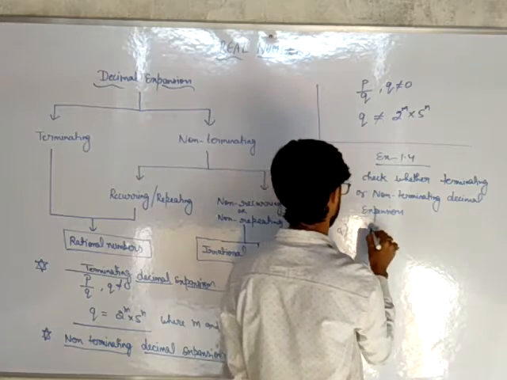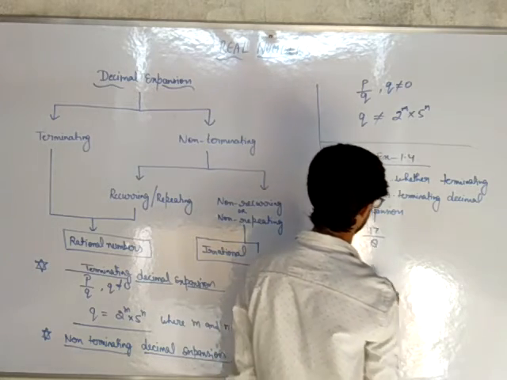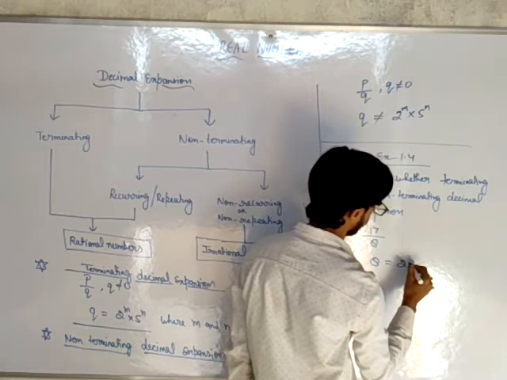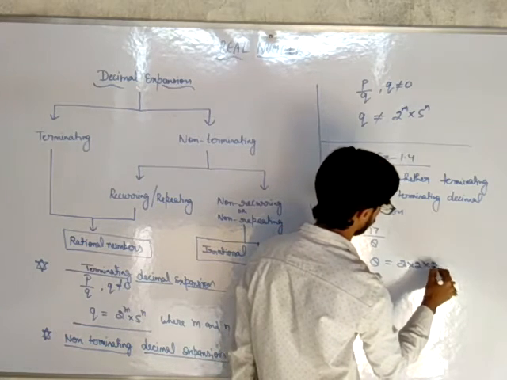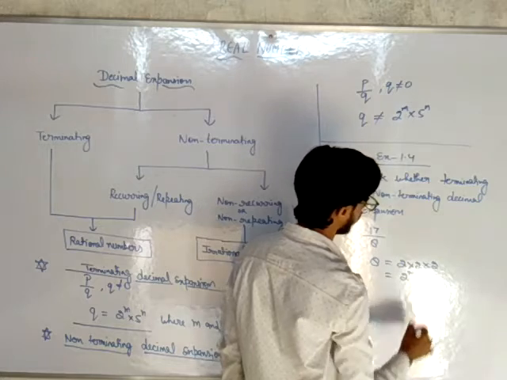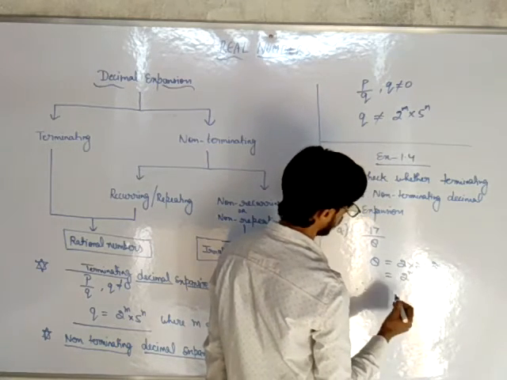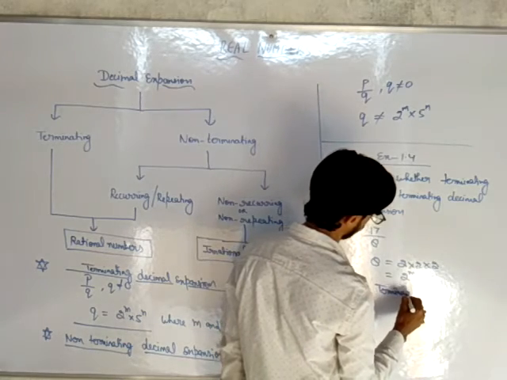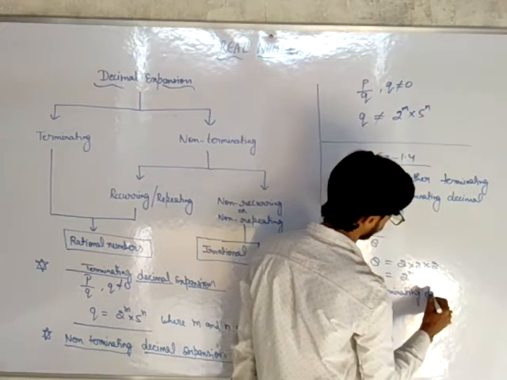First part is 17 upon 8. Since the denominator 8 is 2 into 2 into 2, the 2 to the power m form, it is therefore a terminating decimal expansion.